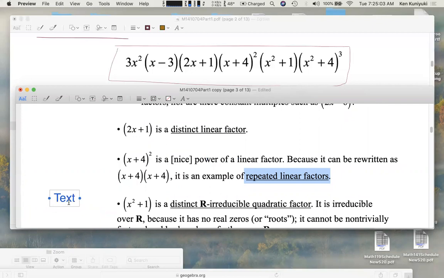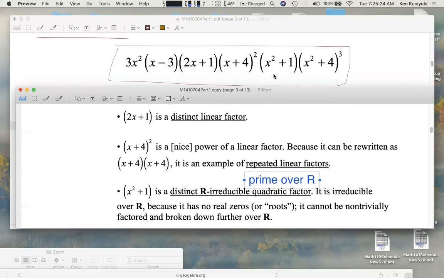This sounds very technical. It's a distinct quadratic factor that's prime over the reals. It's distinct because we don't have a square or a cube on top of here, for example. It's prime over the reals because this cannot be factored further over the reals.